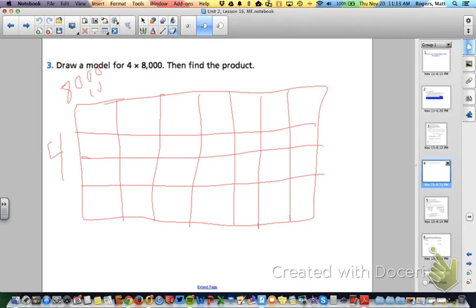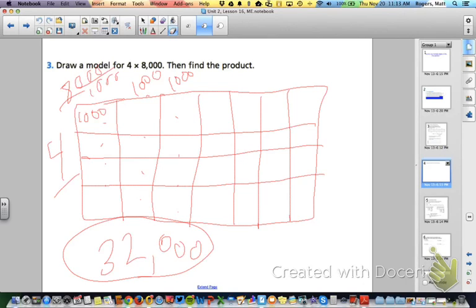So each one of these would be 1,000. So you get the idea. Each individual would be 1,000. I count up the number of blocks, and I get my answer. Or I could do 8 times 4, which gives me 32, and add the 3 zeros to the end, 1, 2, 3, which gives me a total product of 32,000.